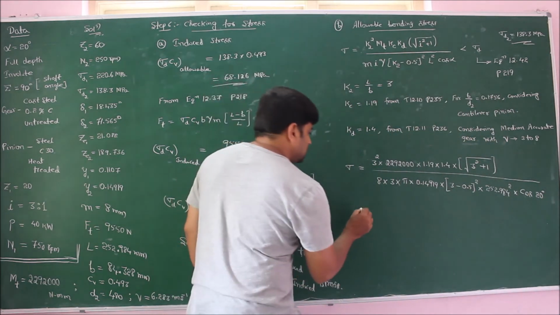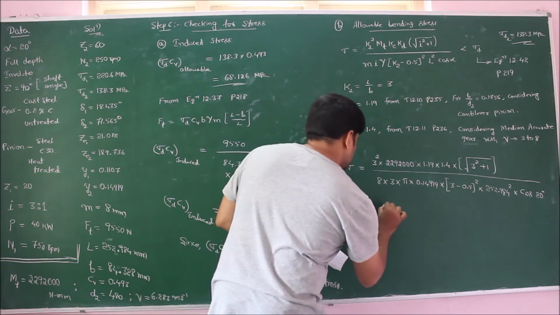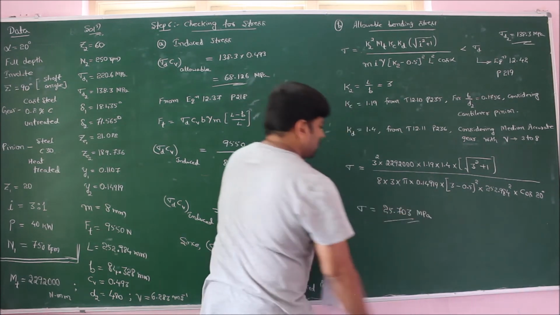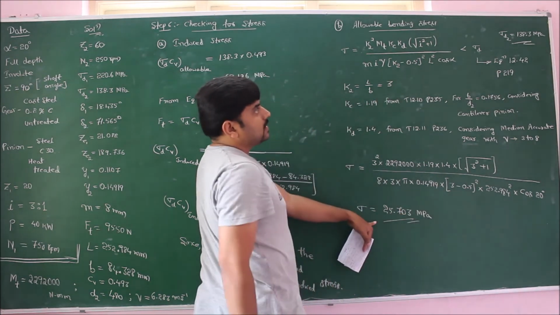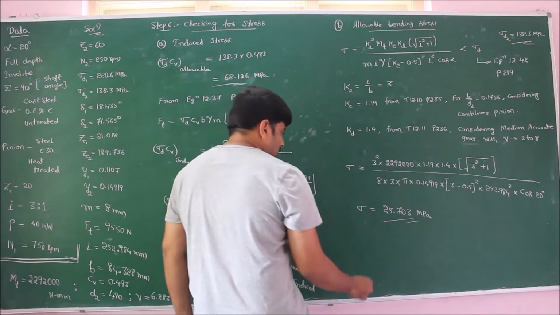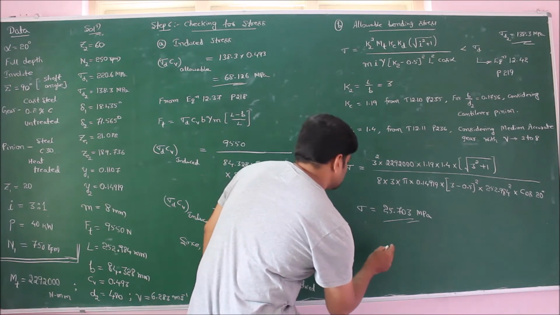If I solve this, I will get the value of allowable bending stress as 25.703. This is less than the static allowable stress, which is 138.3 megapascals. So therefore, the design is safe from allowable bending stress point of view.